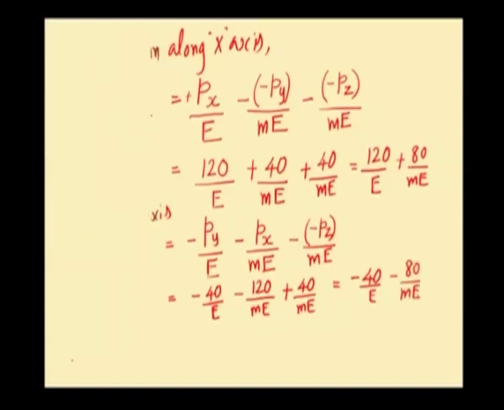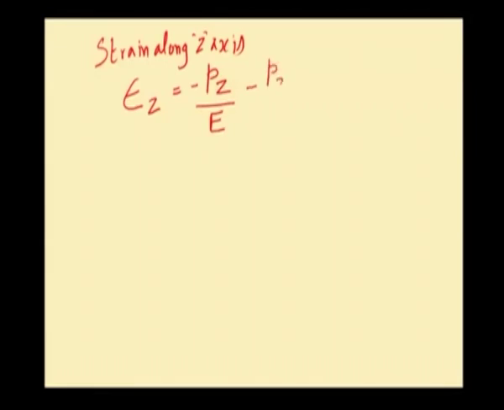Finally, we shall get the value of strain along z axis. Epsilon z will be P z by E. Since P z is compressive stress, we should put a minus sign here, minus P x by mE. P x is tensile, so we have a positive sign here. Minus P y by mE.